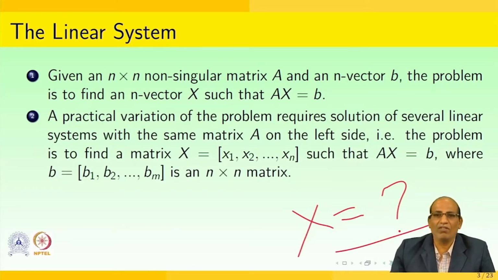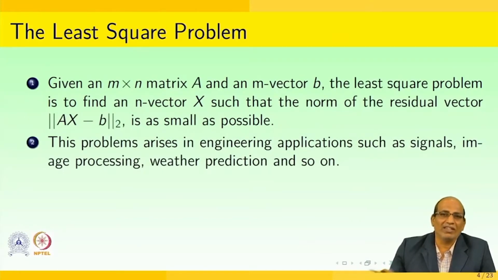Well, in case of the least square problem, given an m by n matrix A and an m vector b, the least square problem is to find an n vector x such that the norm of the residual vector, that is the 2-norm of Ax minus b, is as small as possible so that you are able to reduce the error.